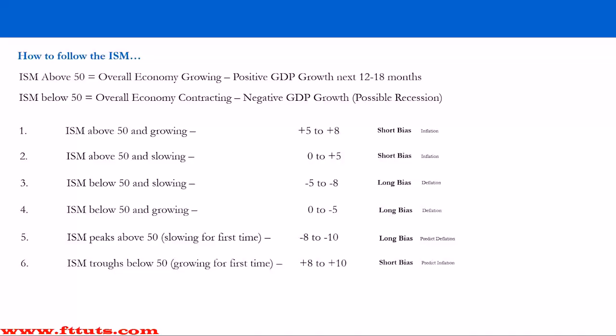Now, if the ISM troughs below 50 and is growing for the first time, so we're potentially getting less contractionary, this is also an extreme scenario. And in this scenario, history tells us that predicting inflation is the right thing to look at, because inflation is likely to come around the corner. So we look at the extreme situation and we start predicting that inflation is going to come back into the economy, and then we have a short bias towards the currency. So we have a scorecard of +8 to +10.